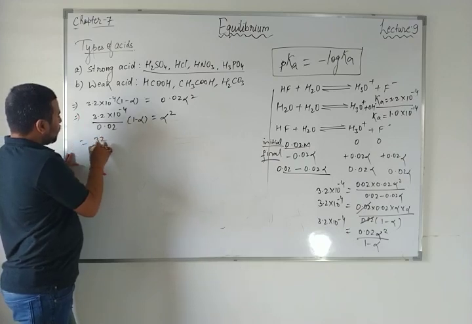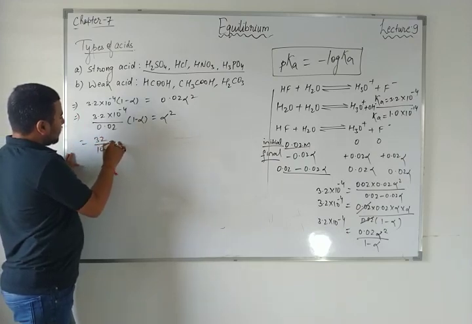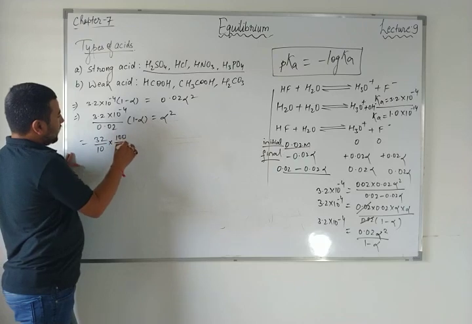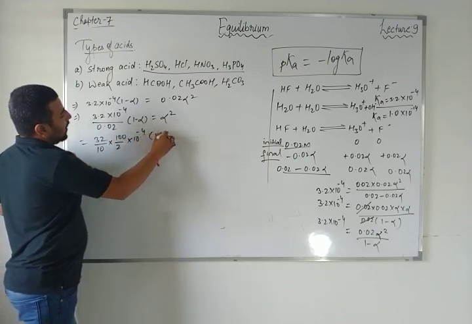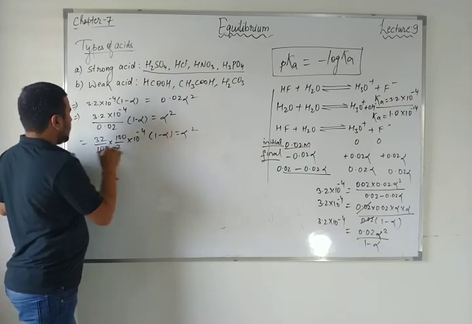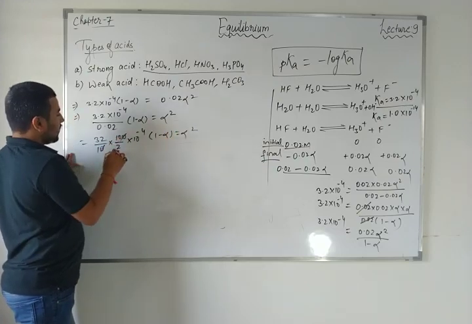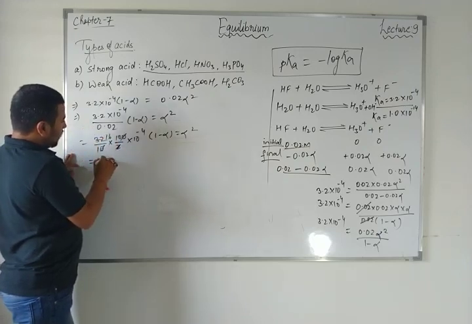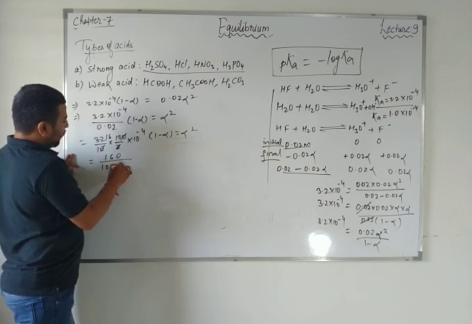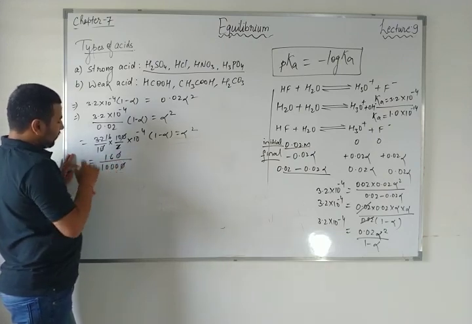So this is 32 upon 10 and this is 2 upon 100, into 10 to the power minus 4 into 1 minus alpha is equal to alpha square. 0, 0 cancel. 16 twos are 32. So here 160 upon 1, 2, 3, 4. 0, 0 cancel.